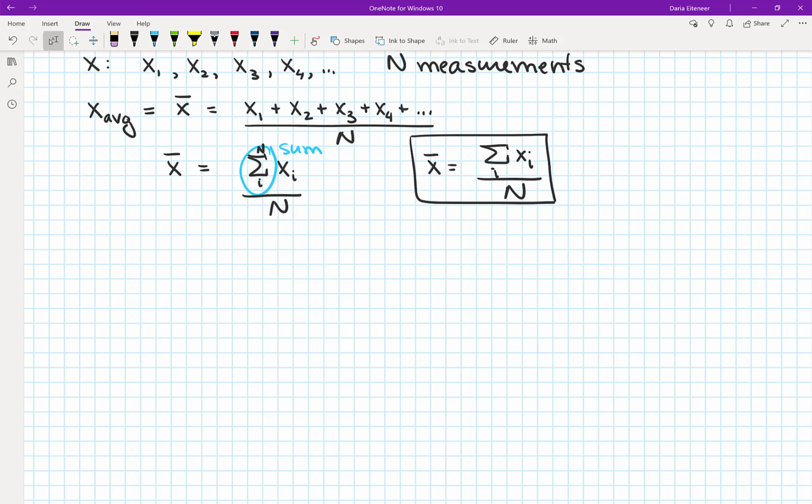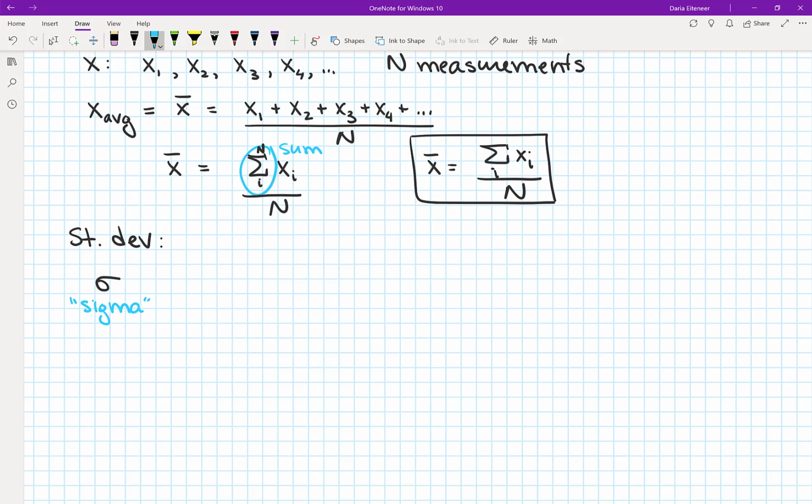Anyway, standard deviation is basically a way to measure precision, right? We want to figure out how close these values are to each other, or what the distribution of these values is. Here we use the Greek letter sigma, which is definitely different from delta.